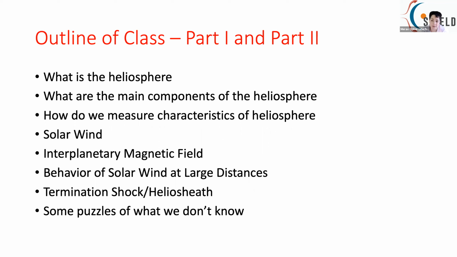How do we measure these characteristics of the heliosphere? And then I'm going to go through some basic material that I like to cover both in my intro classes but also in more advanced classes like this one, because I think it's important for us to be on the same level about what we mean by the ingredients needed for the heliosphere.